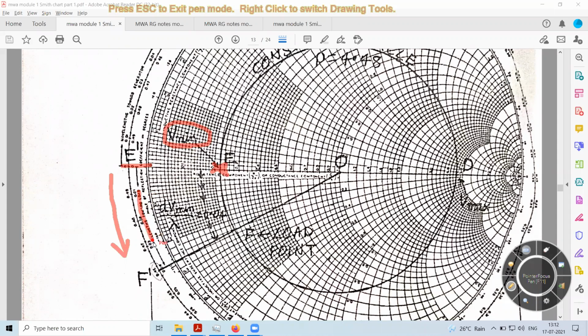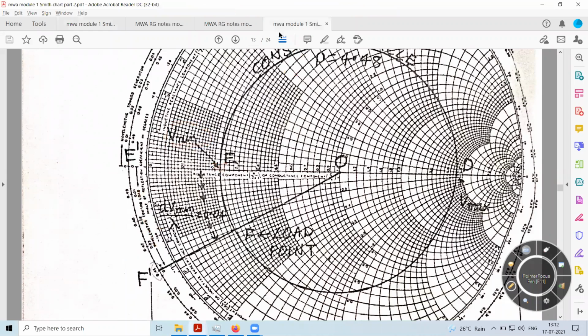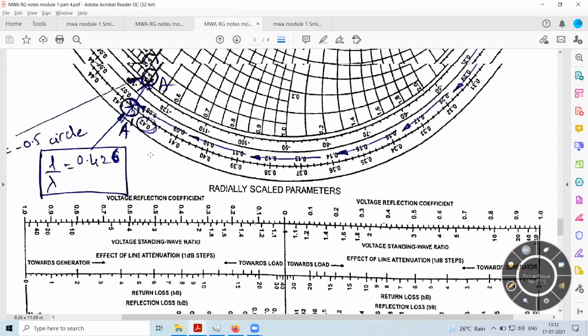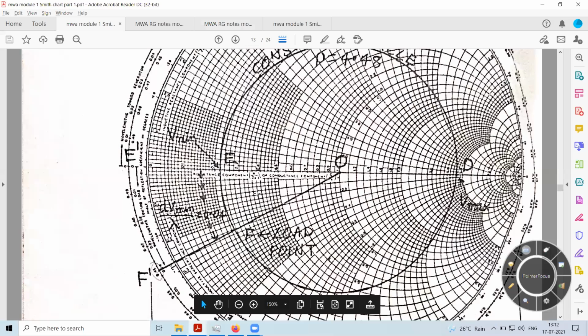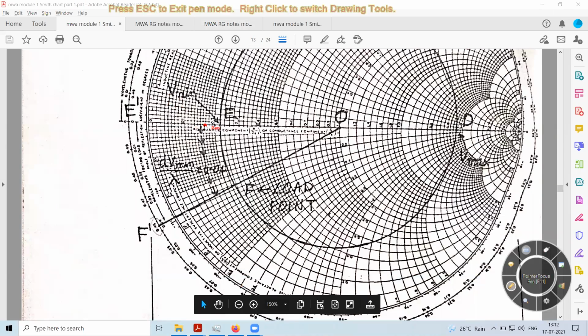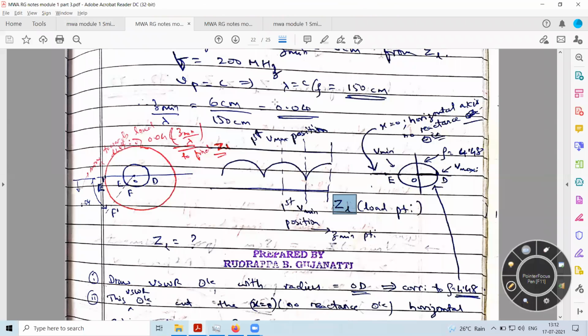If you get confused, you can refer to the readings which are present. Here you can see that if you're moving towards the load, you have to move in this direction, and this is the scale you will be using. You have to move by a distance of Zmin divided by lambda, which is equal to 0.04.